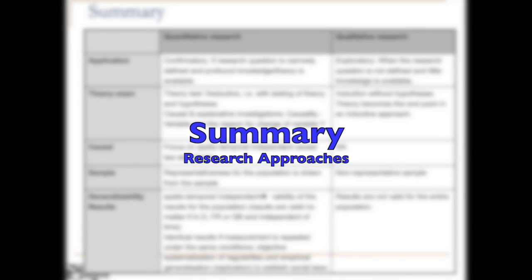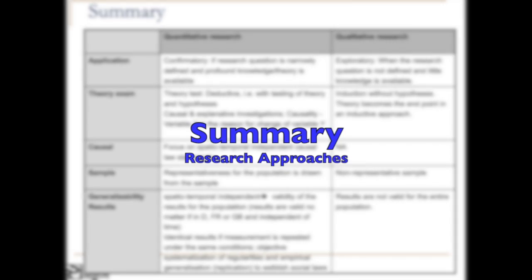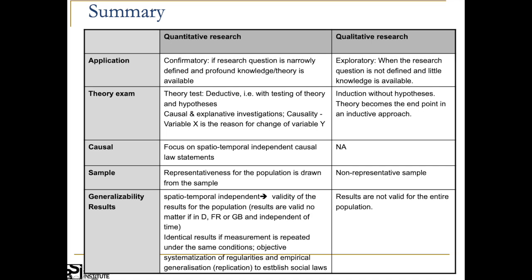So in summary, quantitative research is applied for confirmatory research if the research question is narrowly defined and profound theoretical knowledge is available. Whereas qualitative research is more exploratory, when the research question is not defined and little knowledge is available. For quantitative research, theories are tested.